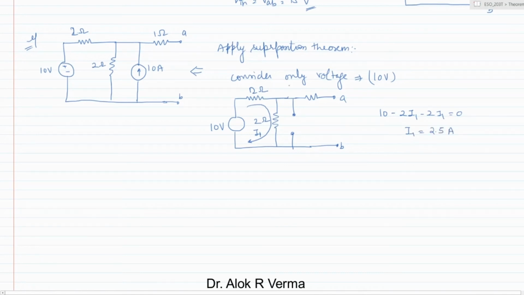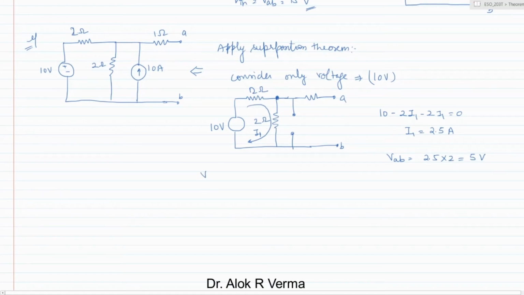So the total current, if we just mark the direction of the current, what is the voltage here? Whatever the drop here, that voltage will appear. So VAB is nothing but 2.5 into 2, which is 5 volt. We can even use the voltage divider rule.